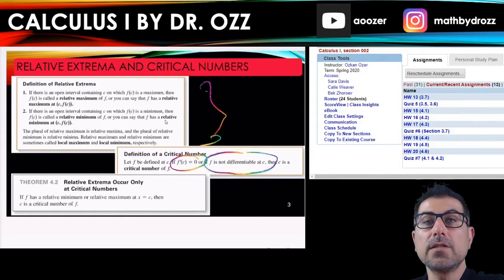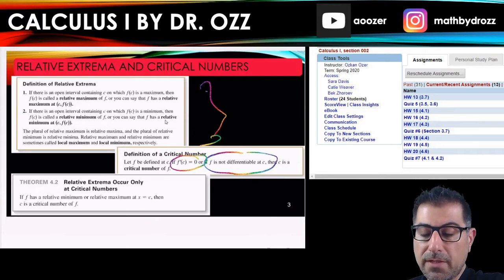Essentially, to pinpoint critical numbers, you're going to look at the first derivative, and then you're going to solve the first derivative set equal to 0. And if you have a solution, those solutions are called critical points of the first type. And by looking at the same f prime, if there is any point that makes it undefined, that's going to be the critical point of the second type.